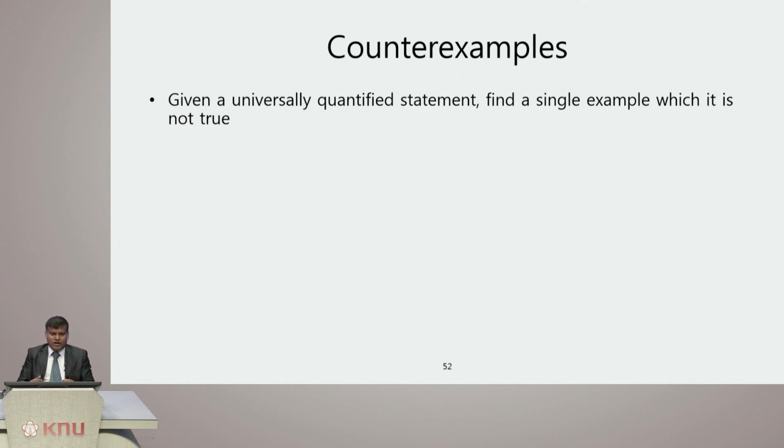You know that a universal quantifier means all things have to be true. If you have n statements, then n statements have to be proved to be true. But a counterexample is just finding one single statement that is false. That's it. Then you are showing that it is not a universal statement.